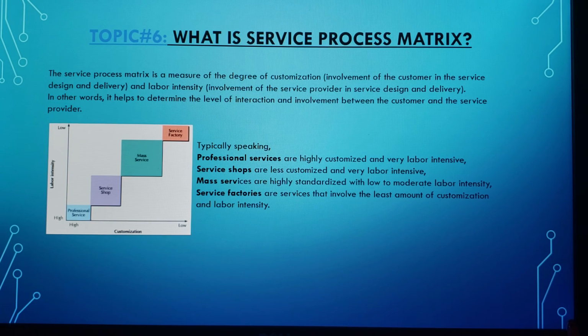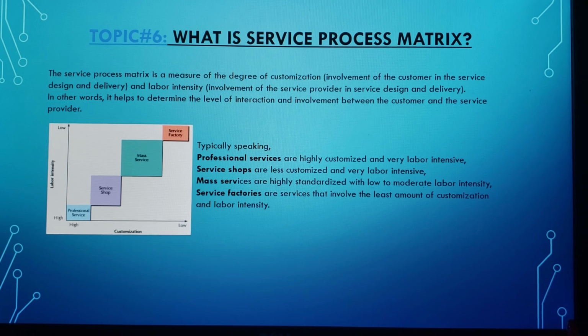Topic number 6. What is service process matrix? The service process matrix is a measure of the degree of customization and labor intensity. In other words, it helps to determine the level of interaction and involvement between customer and the service provider. Typically speaking, professional services are highly customized and very labor intensive.